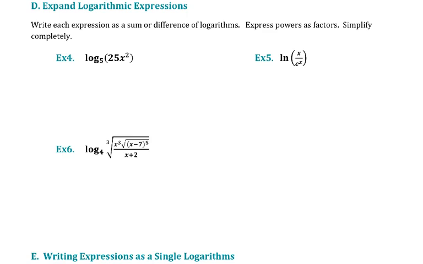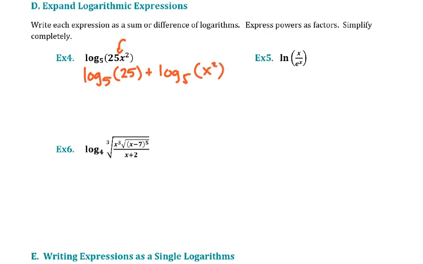So in this first example, in section D, example 4, we have to look at what is going on inside of this logarithm. Between that 25 and x squared, we have a product. So using the product rule, I can separate this and write it as two separate logs.